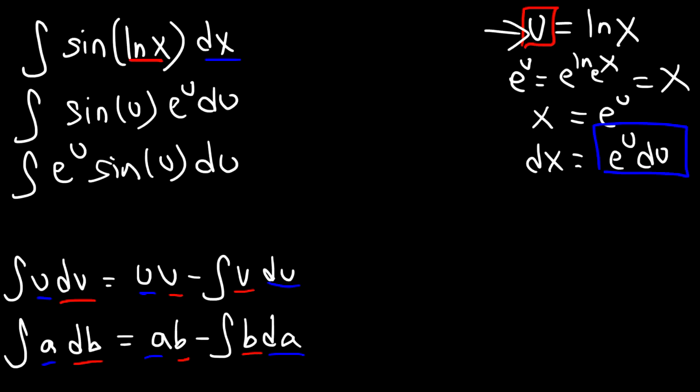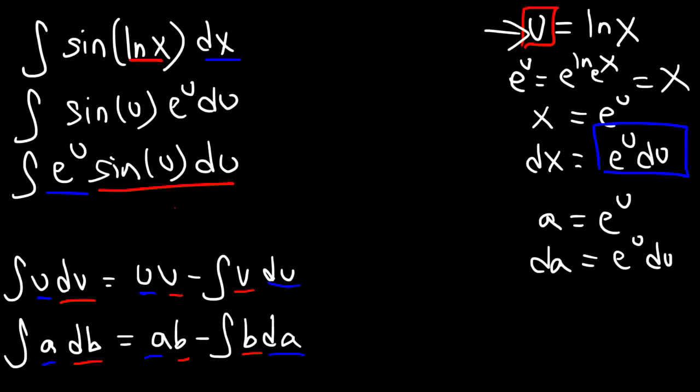So we're going to make a equal to e to the u. That means dA is going to be e to the u du. And then we're going to make dB equal to sine u du. So b is the integral of sine, which is negative cosine.